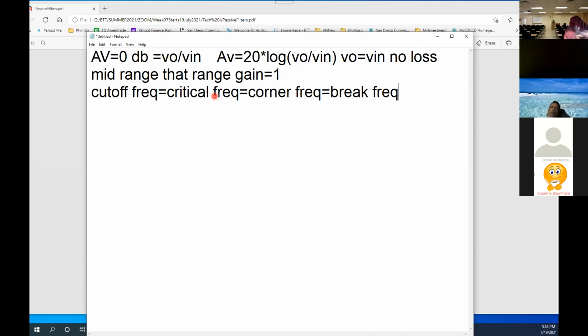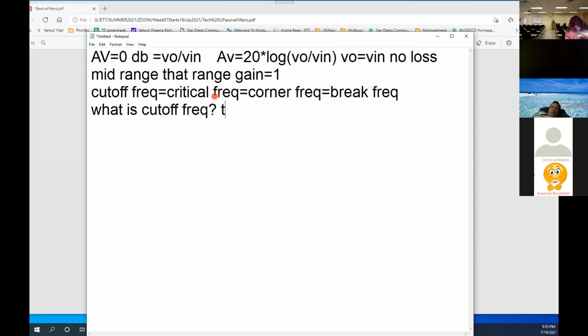Now, what is the cutoff frequency? Where it goes down to minus 3 dB. Exactly. Okay?